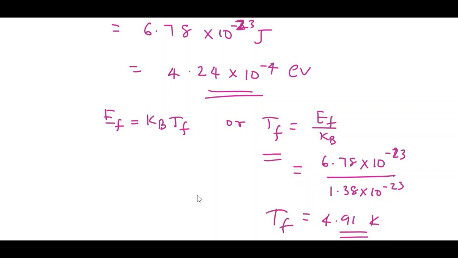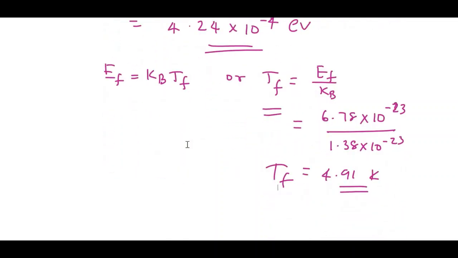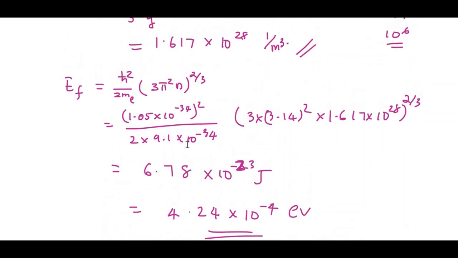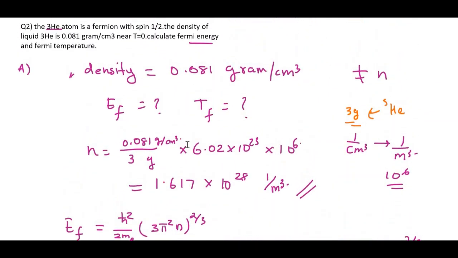So now we have done this question. When you solve problems related to Fermi energy, the task is finding number density. Once you find this one, then the remaining things are very easy.